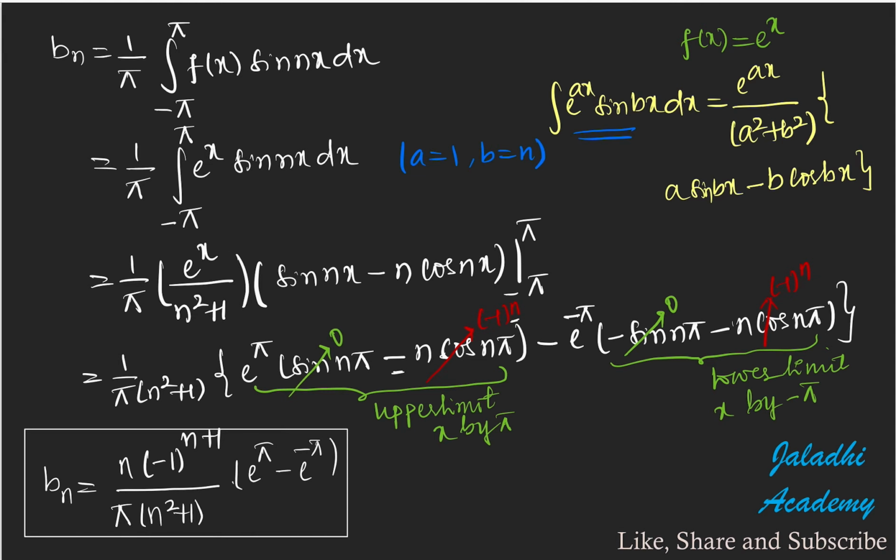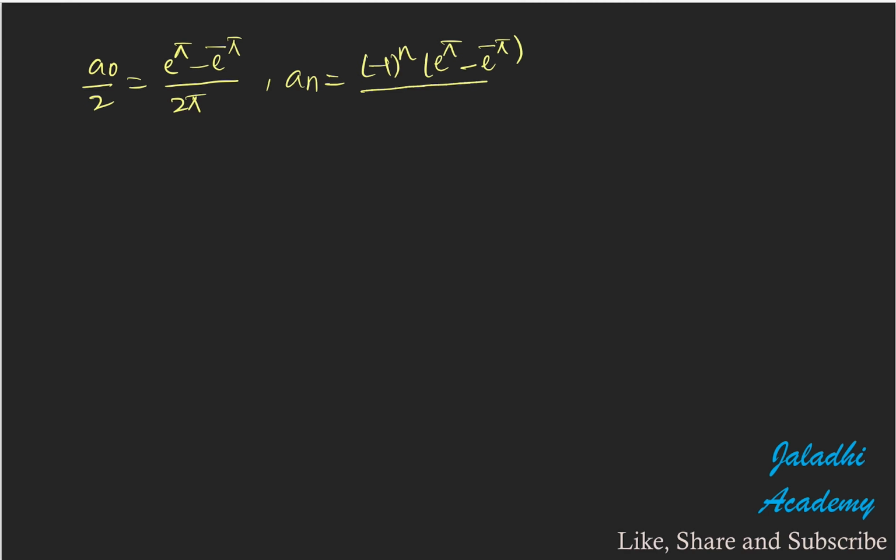So now we can list out what are all the values we got. From the computations we got the value of a_0 by 2 as (e^pi - e^(-pi)) by 2 pi, and we got a_n as (-1)^n into (e^pi - e^(-pi)) divided by pi into (n^2 + 1).